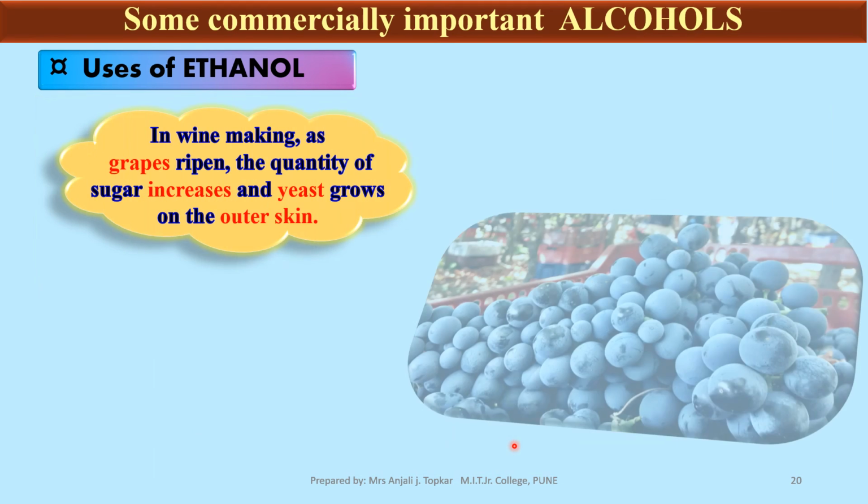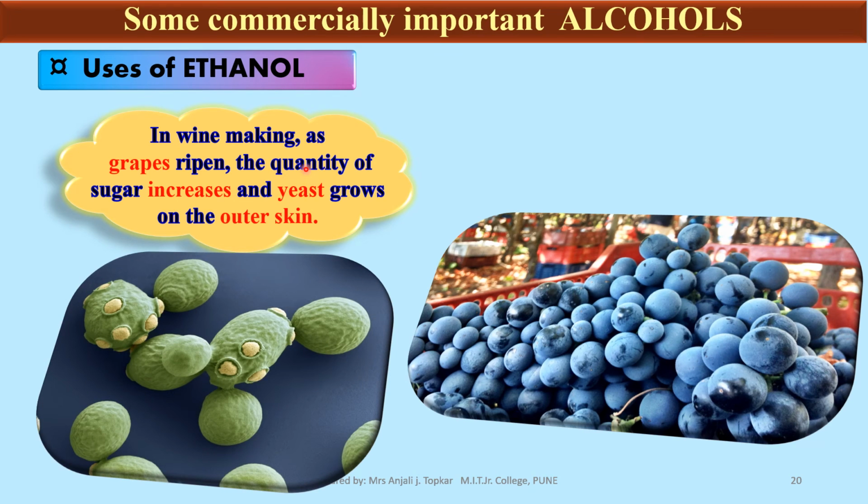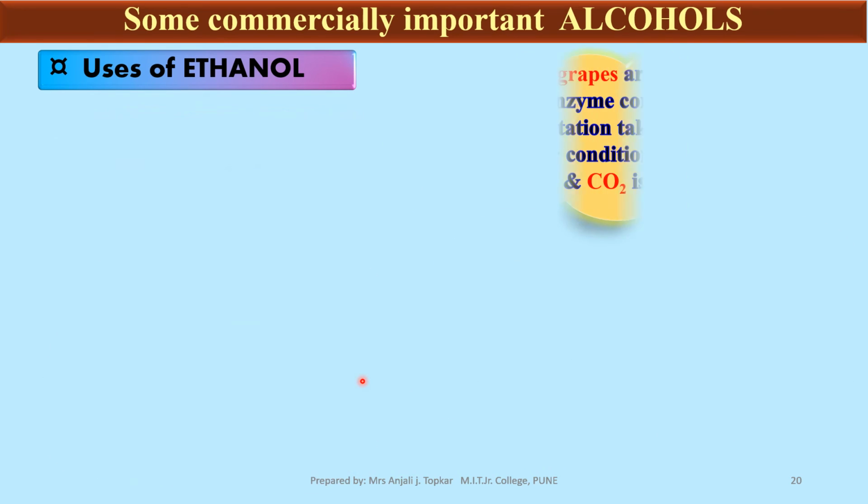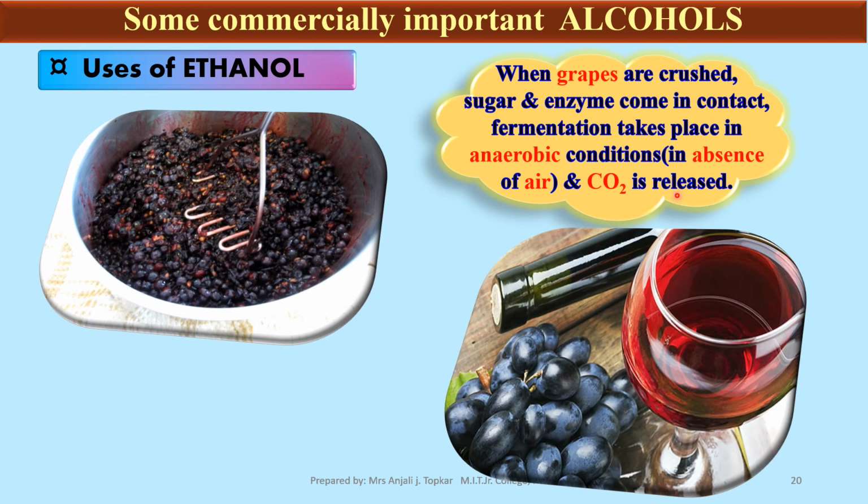In winemaking, as grapes ripen, the quantity of sugar increases and yeast grows on the outer skin. When grapes are crushed, sugar and enzymes come in contact and fermentation takes place in anaerobic condition and CO2 is released.